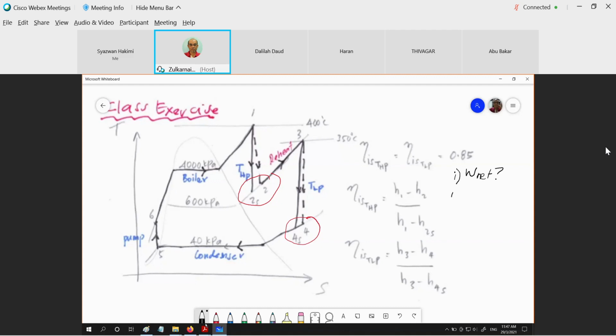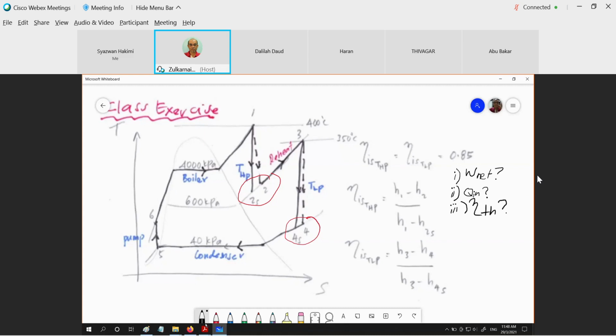Second thing, what do you think? Thermal efficiency. Before we get the thermal efficiency, what do we have to determine first? Q in. Yes, our Q in. Then only we go for the thermal efficiency.